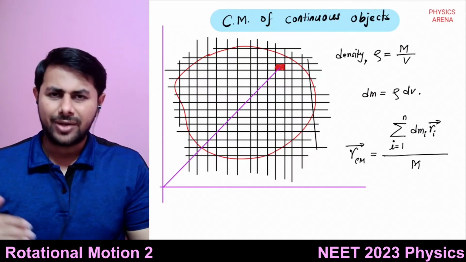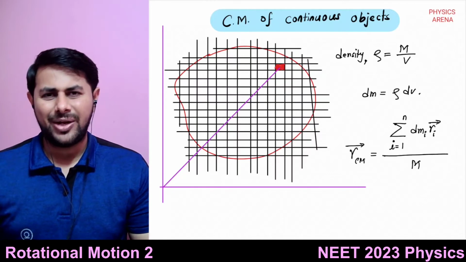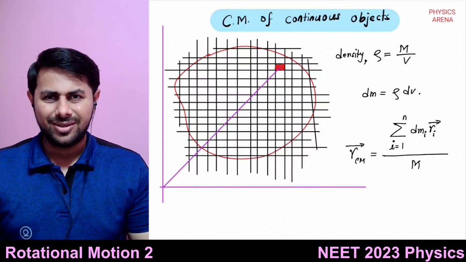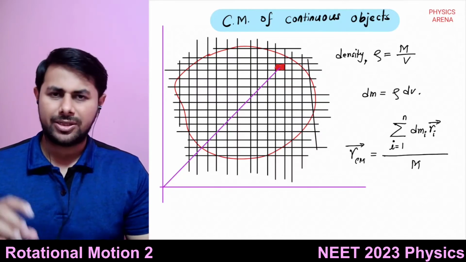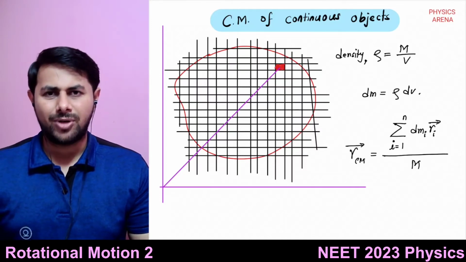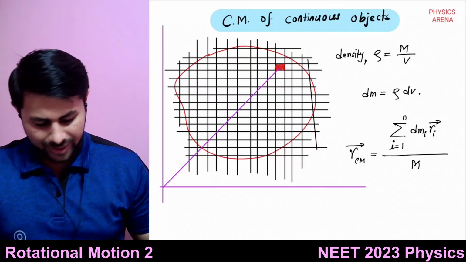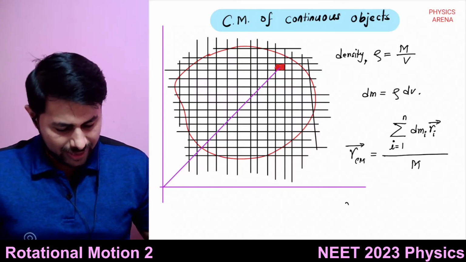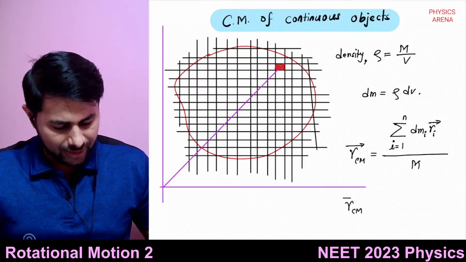Okay, and if n tends to infinity, what will happen? We have seen that if we have a summation where n tends to infinity, then that summation becomes an integration. The continuous addition becomes an integration.